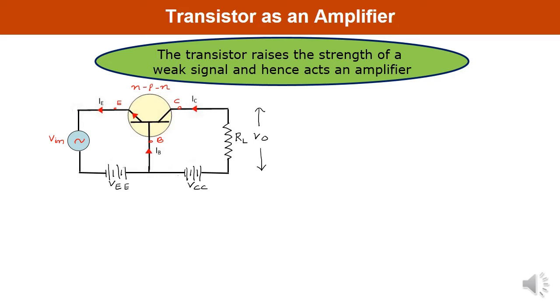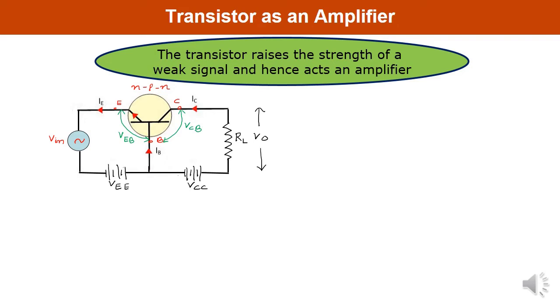The voltage between the emitter base terminals is VEB. The voltage between the collector base terminals is represented as VCB. IE is the emitter current, IC is the collector current, IB is the base current.